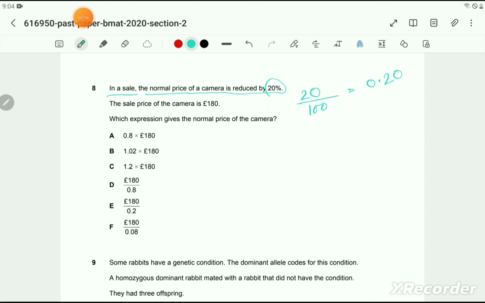The sale price of the camera is 180. That means after reduction the price is 180, but the actual price we don't know. Which expression gives the normal or actual price of the camera?